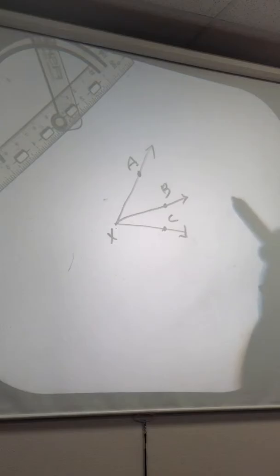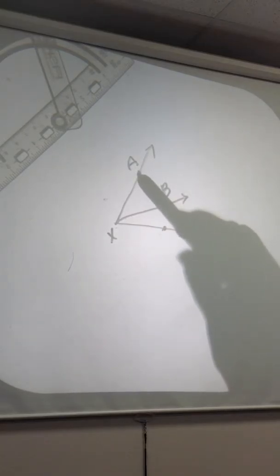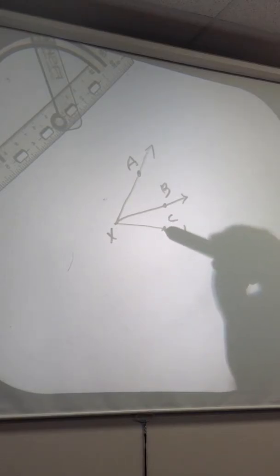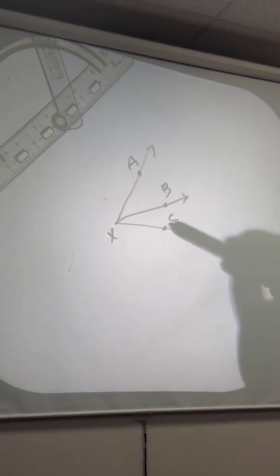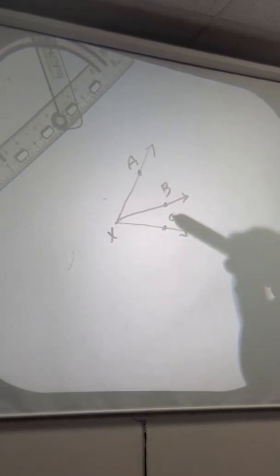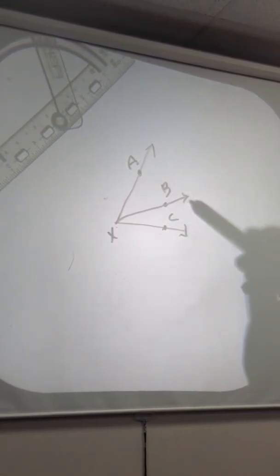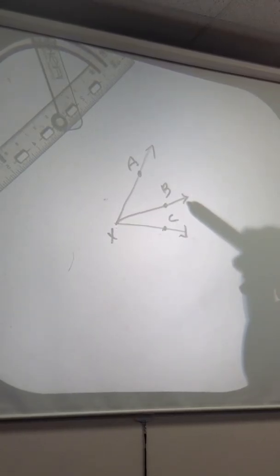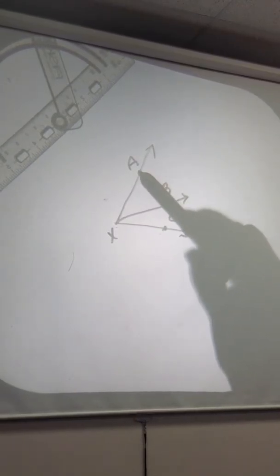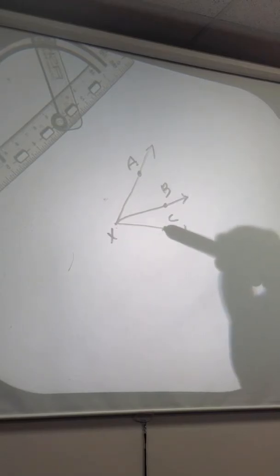There's another pair of angles there, actually two more. One of them is angle AXC and BXC. They are not adjacent. Do you see why? What about AXB? No, the ones that I'm talking about are AXC and BXC.